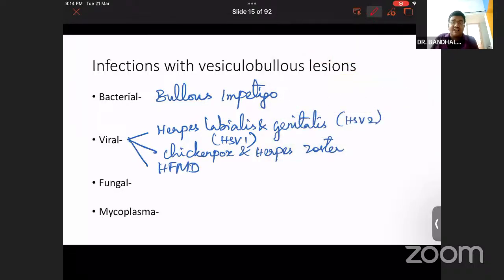Next, in the fungal causes, the important thing you have to remember is bullous tinea pedis. Although dermatophytic infections are annular in configuration, tinea pedis, the tinea involving the soles and palms, can be bullous. Another is mycoplasma infection, which can lead to a condition known as erythema multiforme.